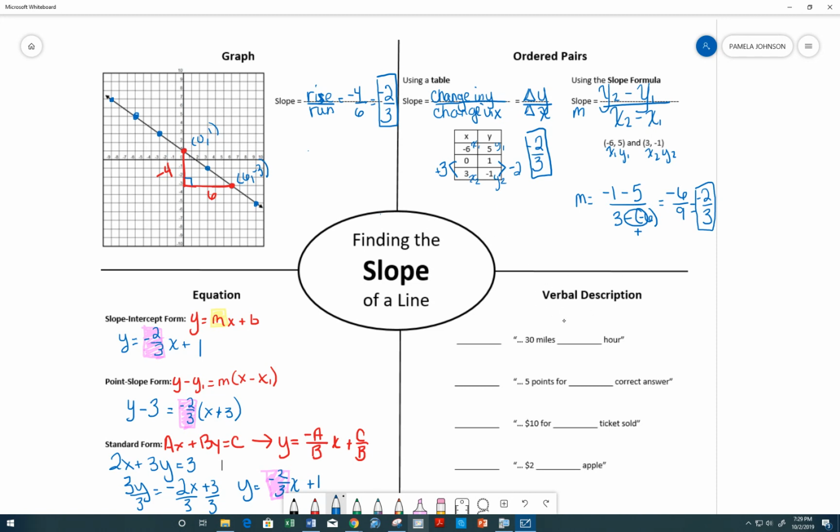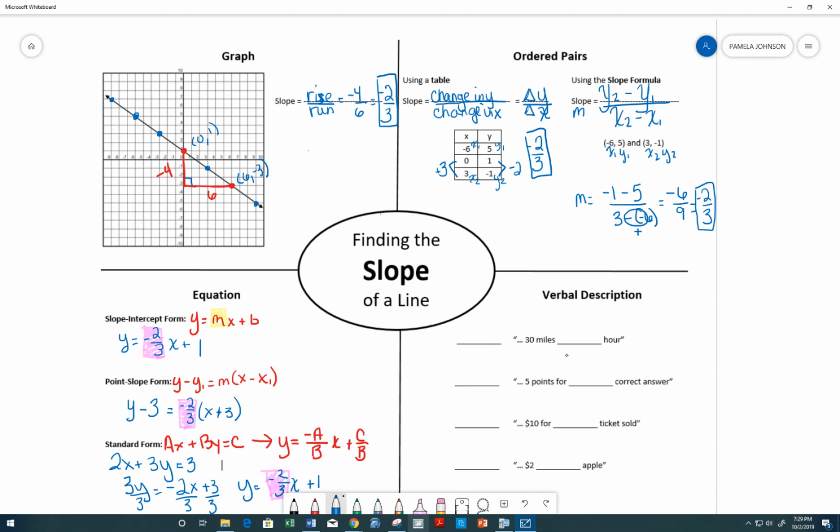And the last way that we look at slope is in a verbal description, because a lot of times we're looking at real world situations or some kind of example that is just using a word problem. Okay? So there's different things that mean we have a slope.